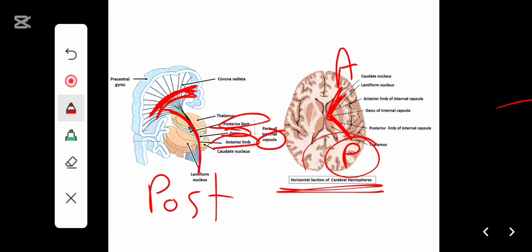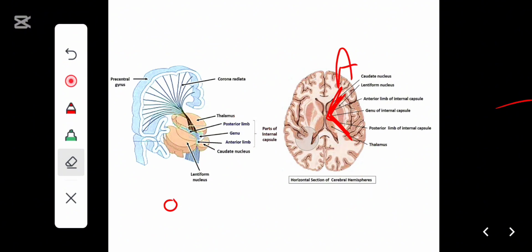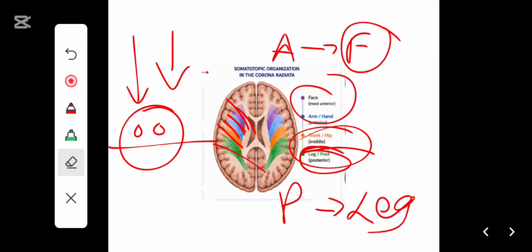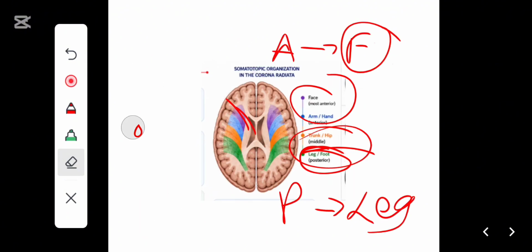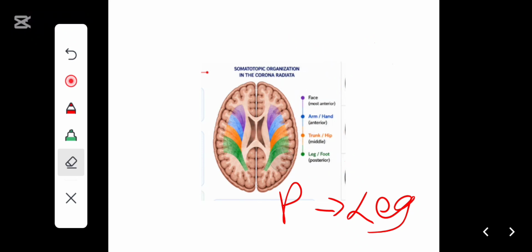Now, let's also remember that the corticospinal tract is not the only tract that originates from the cortex. There's another descending tract that originates from the cortex, which is called the corticobulbar tract. The corticobulbar tract goes to the nuclei of the cranial nerves.